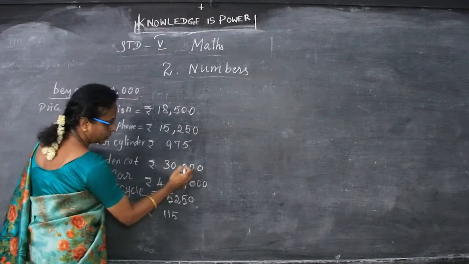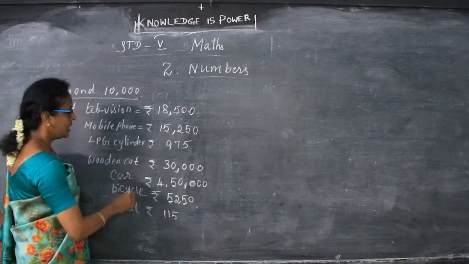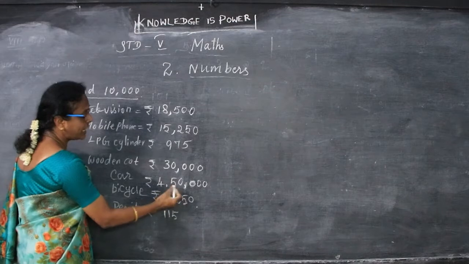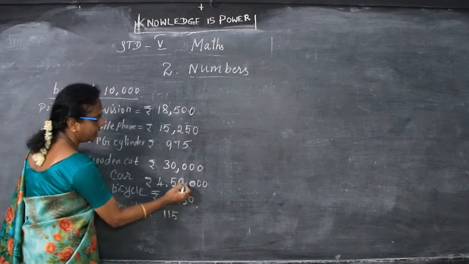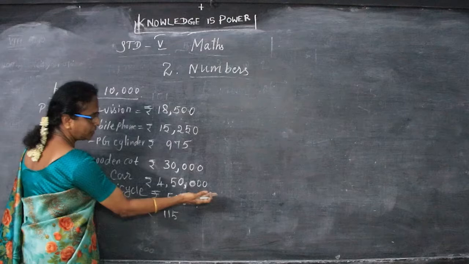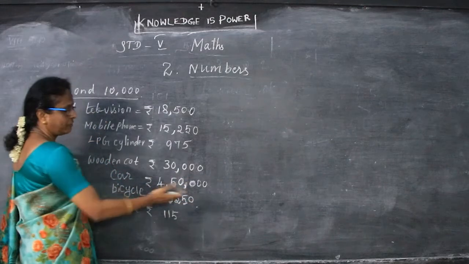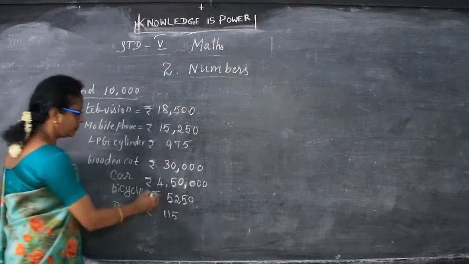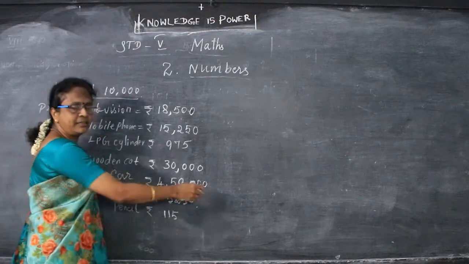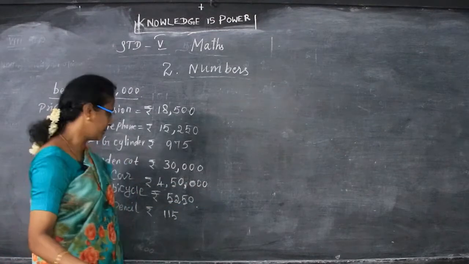The car is rupees 4,50,000. I told you 1, 2, 3 digits comma and then 1, 2 comma. So we have to put the commas starting from the ones digit, going to the left. You should not put the commas from the starting side.